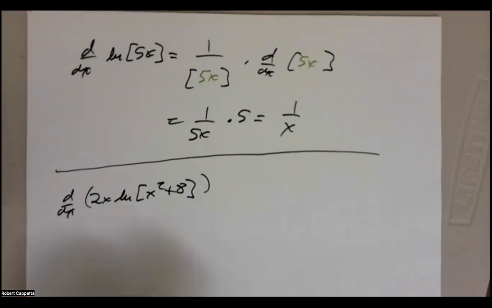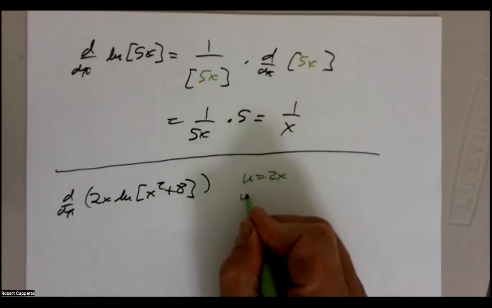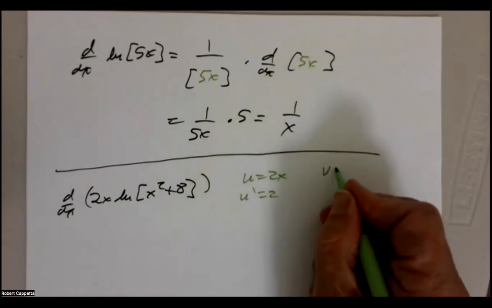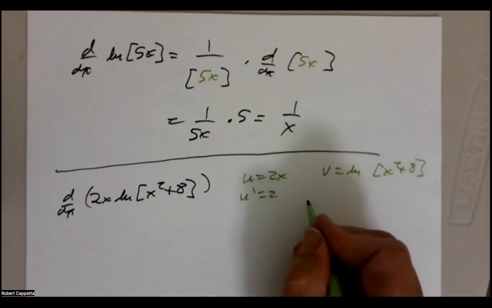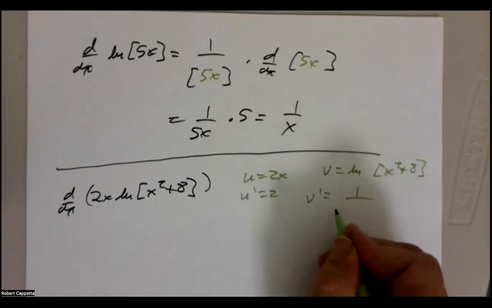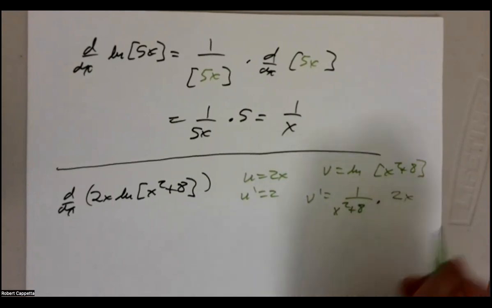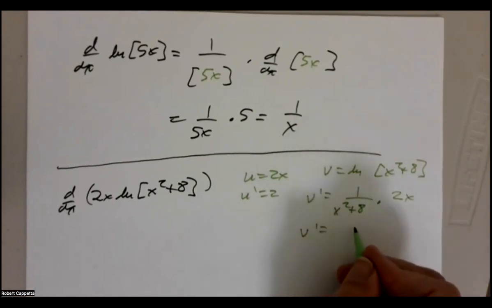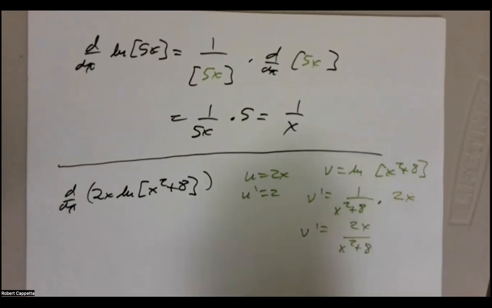So u is 2x, so that would make u prime 2. v is log of x squared plus 8. v prime is 1 over x squared plus 8 times the derivative of x squared plus 8, which is 2x. So v prime is 2x over x squared plus 8.